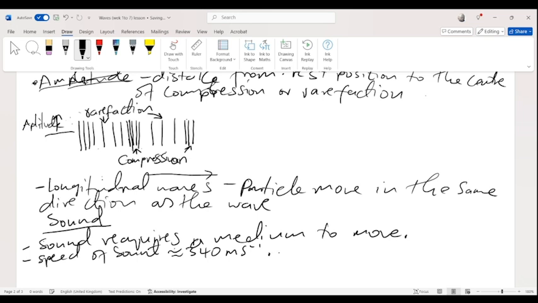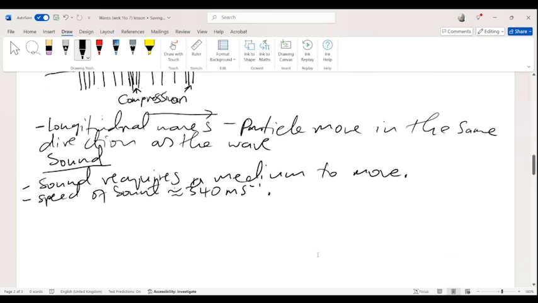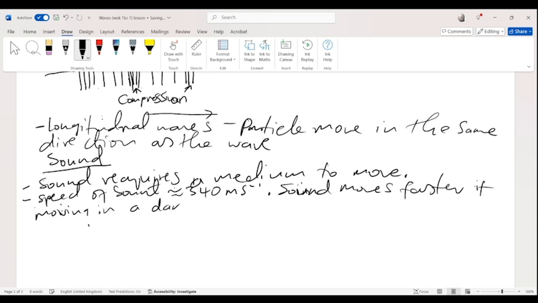And what we also know is that sound moves faster if moving in a dense medium, meaning it will travel faster if it's moving in steel.